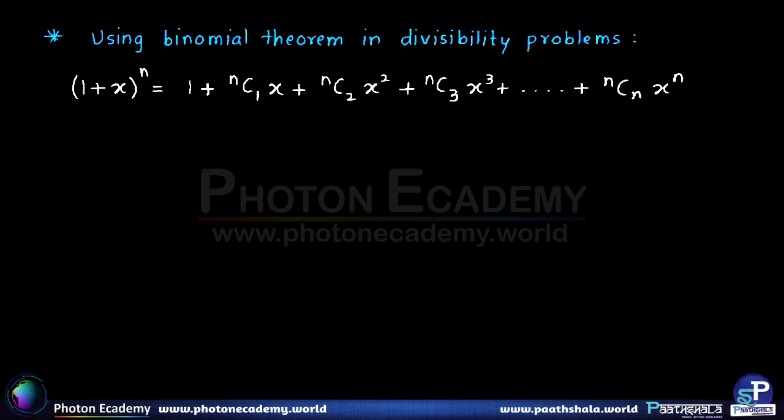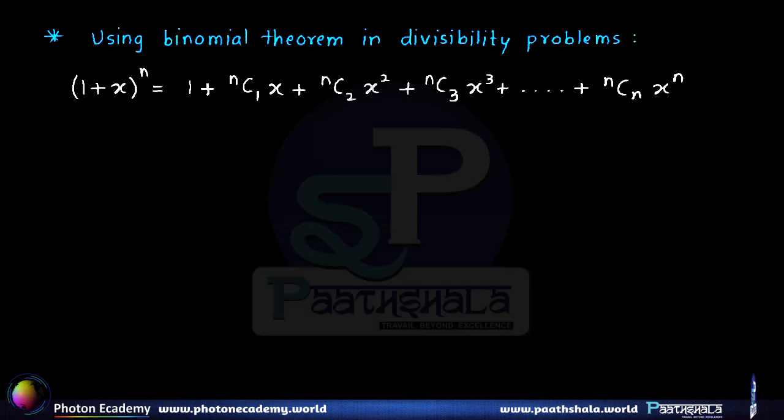Now to begin with, let us recollect the expansion of (1 plus x) raised to n. As we know, it is as shown here, that is 1 plus nC1 x plus nC2 x square and so on.